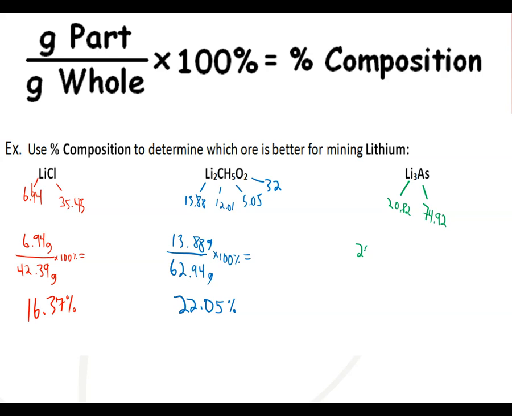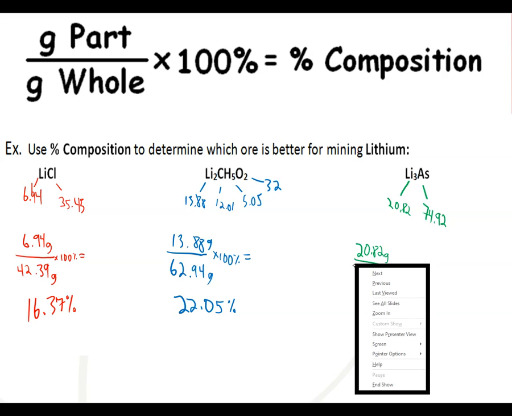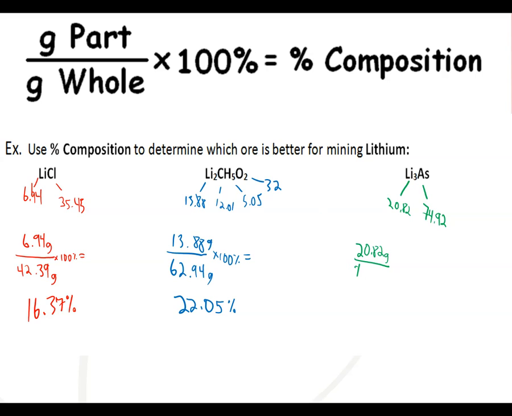So we already know that we've got 20.82 grams of lithium. And we're going to add that to our 74.92 arsenic, which is going to give us a grand total of 95.74.